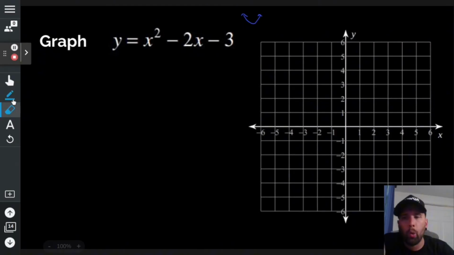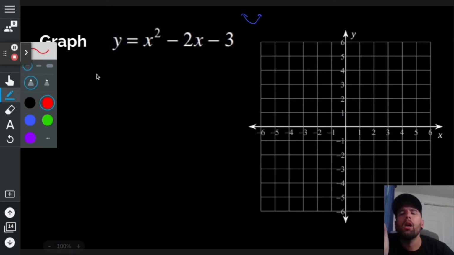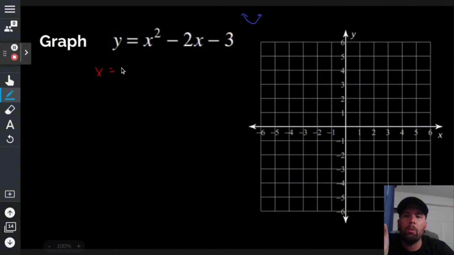So let's quickly find out the vertex. Again, the vertex is going to be -b over 2a. In this case, b is -2, a is invisible 1. So the vertex is going to be -(-2) over 2 times 1. Okay, doing a little bit of quick math.